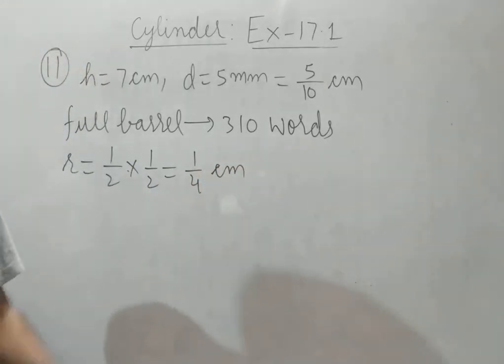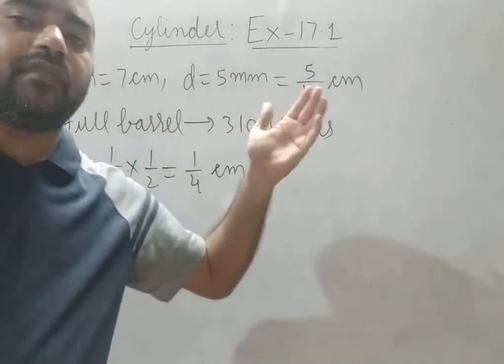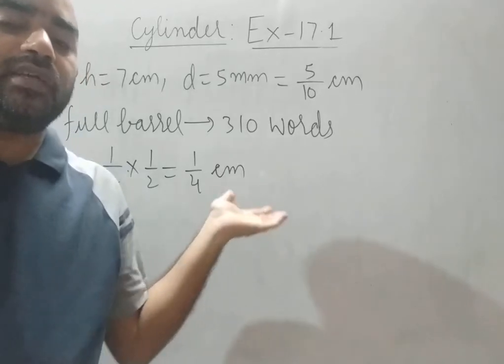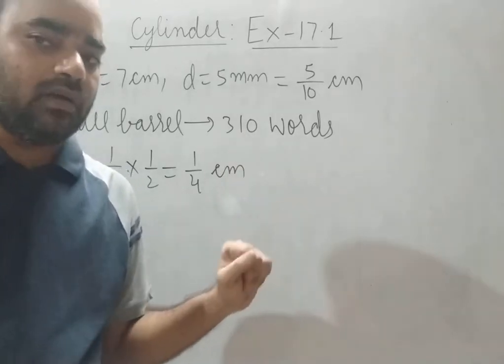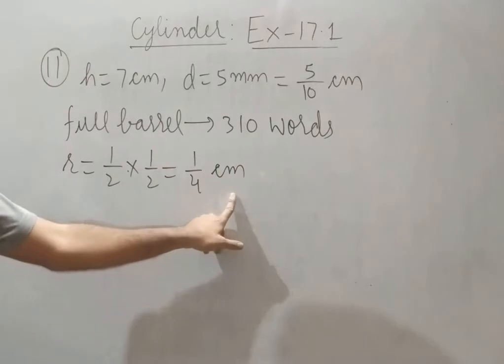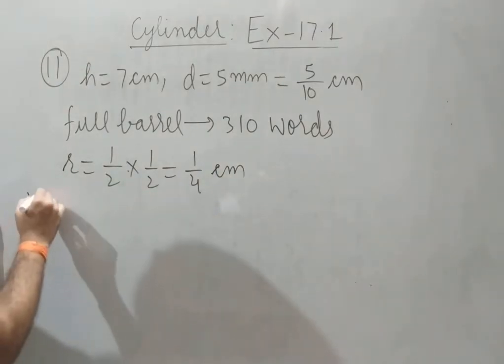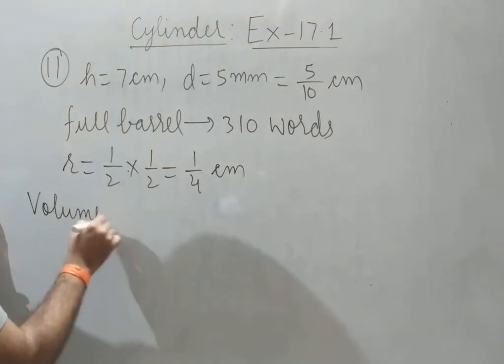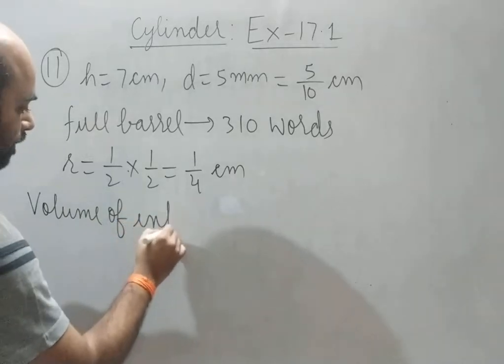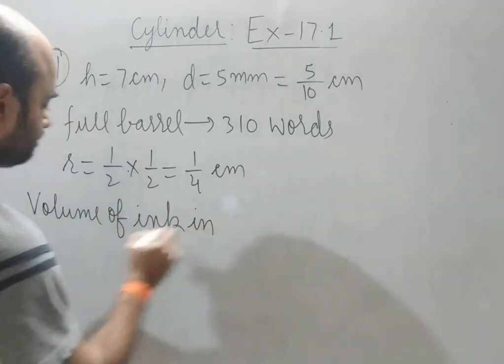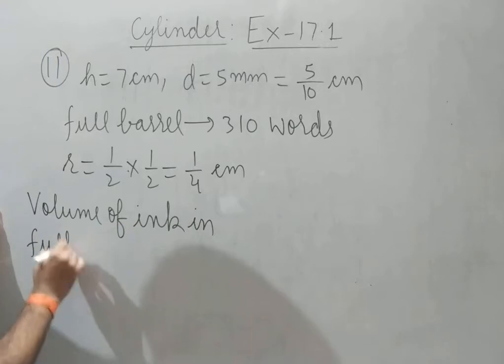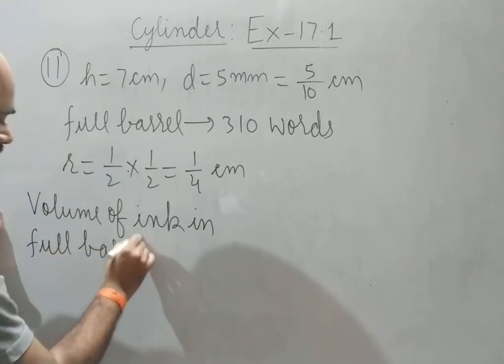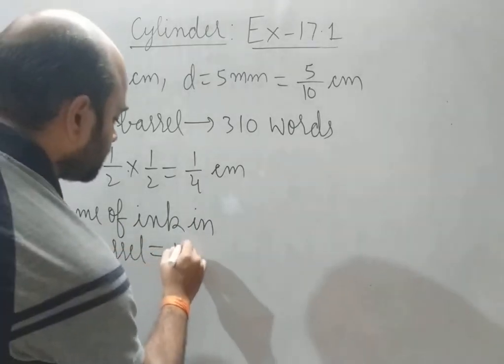You can see why. 5 millimeter radius will be 5 by 2, and when you will convert this in centimeter, 5 by 20, that is 1 by 4 centimeter. So what is the volume of ink in full barrel? That will be equal to pi r square h.